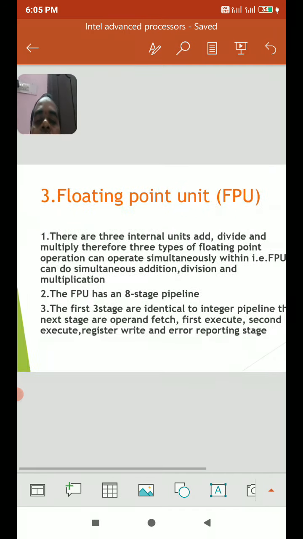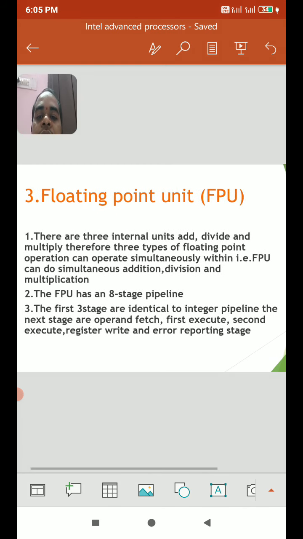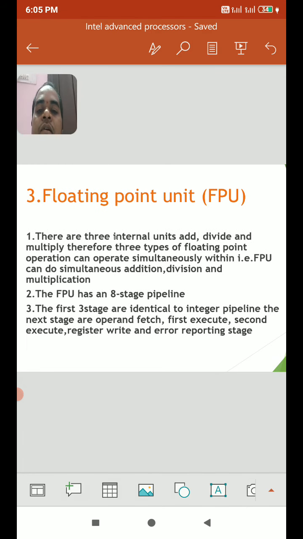The third unit that we have is called the floating point unit. Basically there are 3 internal units: adder, divider and multiplier. Therefore these 3 types of floating point operations can be operated simultaneously within the floating point unit.